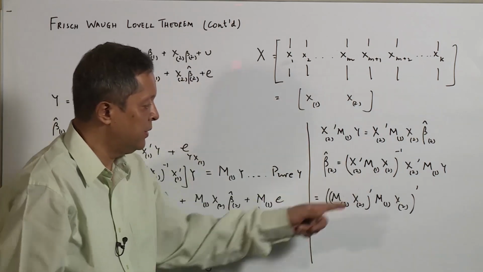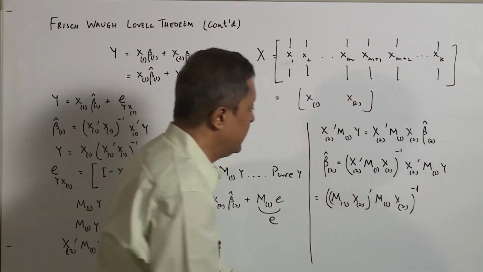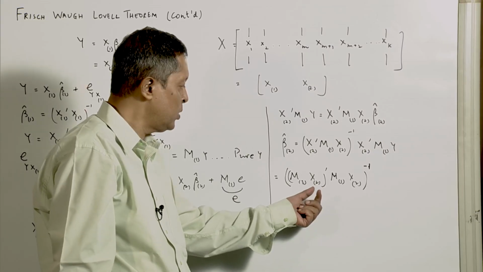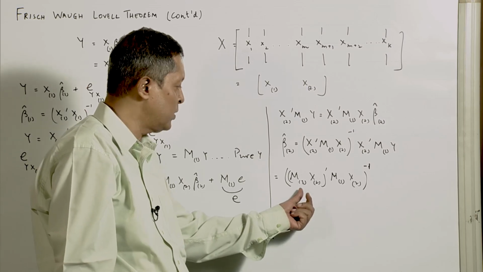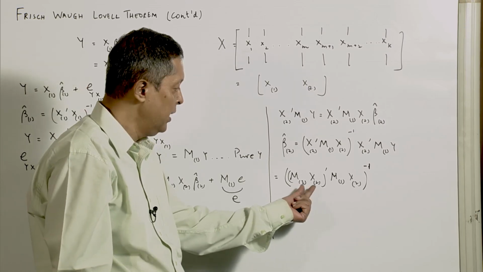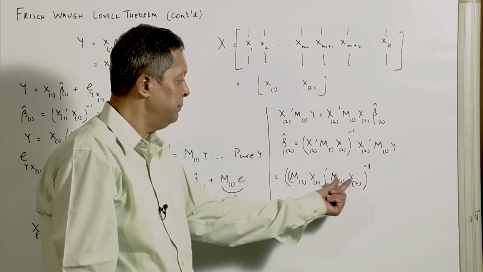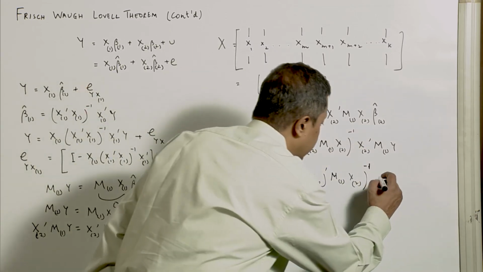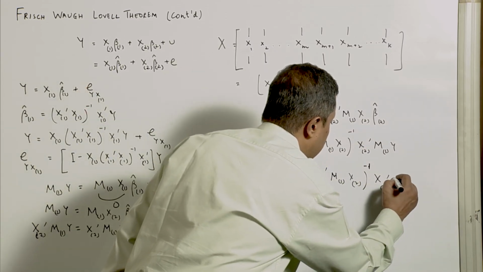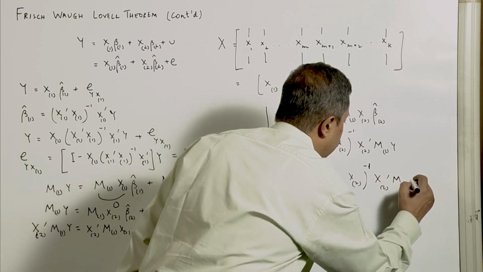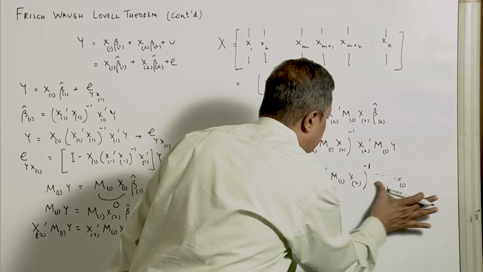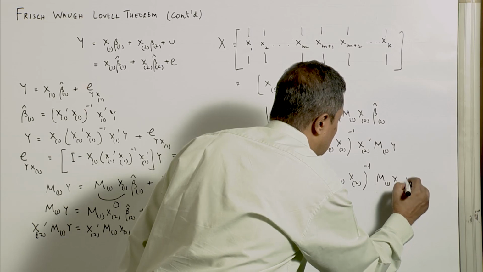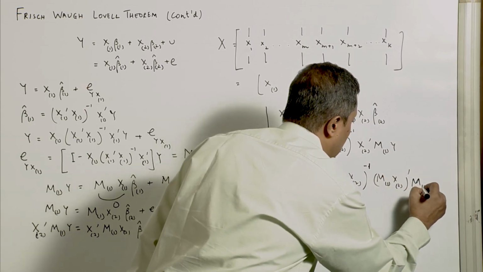Just take a look at the first component. This is like (x' x)^-1. What is x here? It is x2. What kind of x2? x2 purified of the effect of x1. So, M1 is the residue creating matrix. So, this is pure x2' pure x2, inverse. The second component is x2' M1 y.